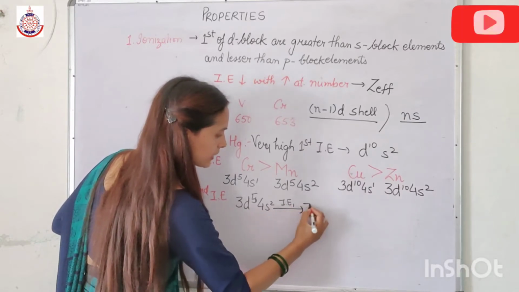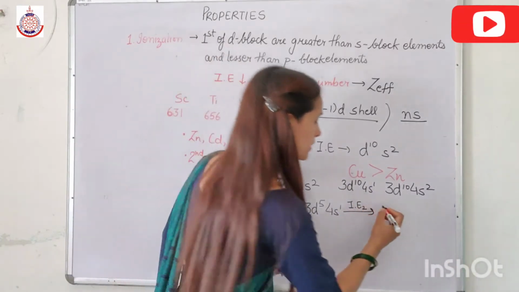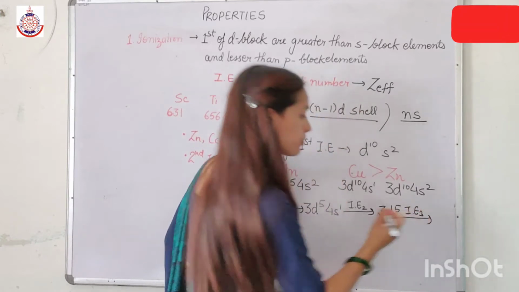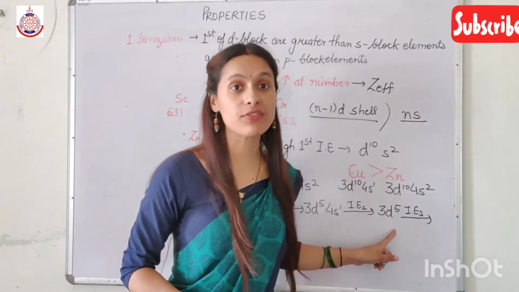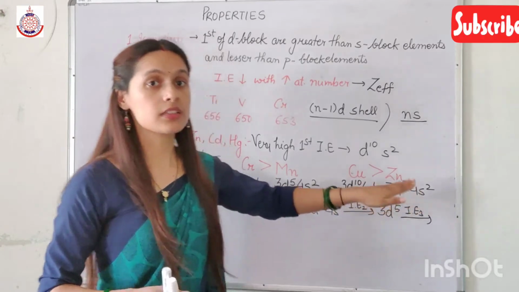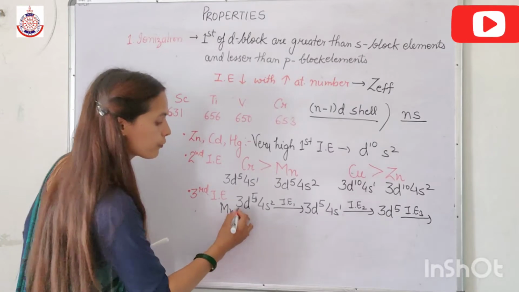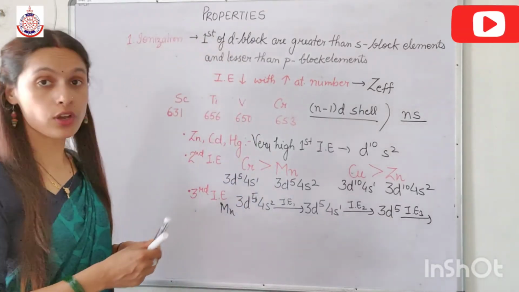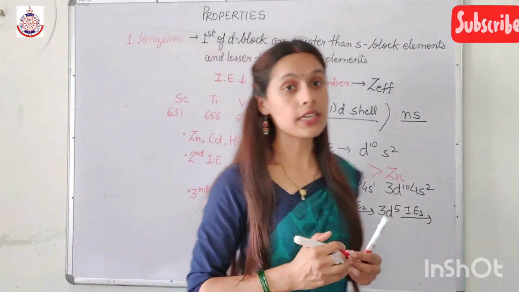After the first ionization, the configuration becomes 3d5 4s1, and after the second, it is 3d5. Now for the third ionization enthalpy, we have to remove the electron from 3d5, which is the most stable configuration, and because of this the third ionization enthalpy of manganese is unexpectedly high.